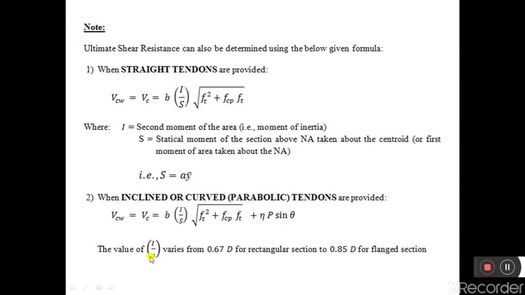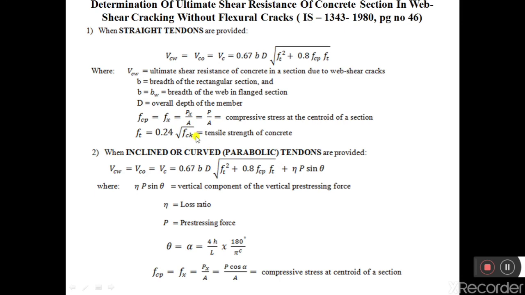The value of I by S varies from 0.67 D for a rectangular section to 0.85 D for a flanged section. So the difference between these formulas and the previous formulas is only this term.